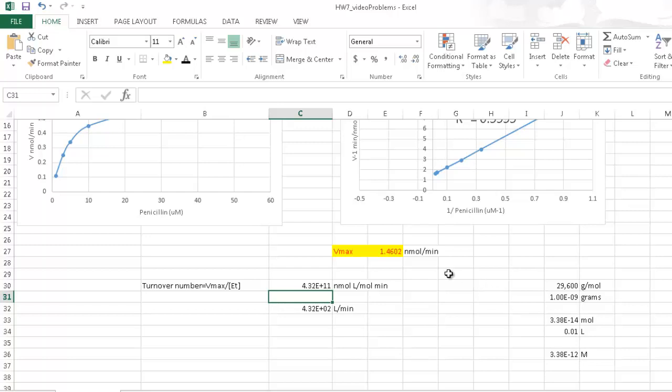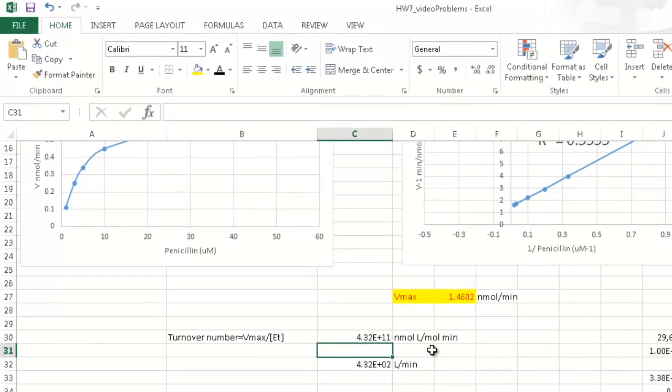Vmax, which is a velocity, is in units of nanomoles per minute, and molarity is in units of moles per liter. So when you do the unit conversion, nanomoles per minute divided by moles per liter is nothing more than nanomoles liter divided by moles per minute. And that's not the correct units because you have nanomoles on the numerator and moles on the denominator. You could actually cancel them out.